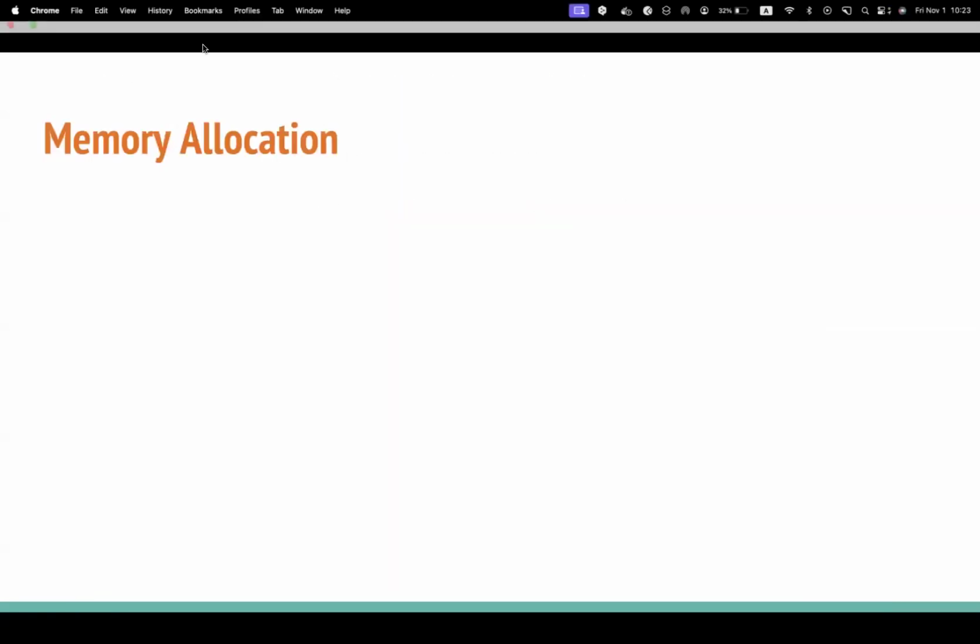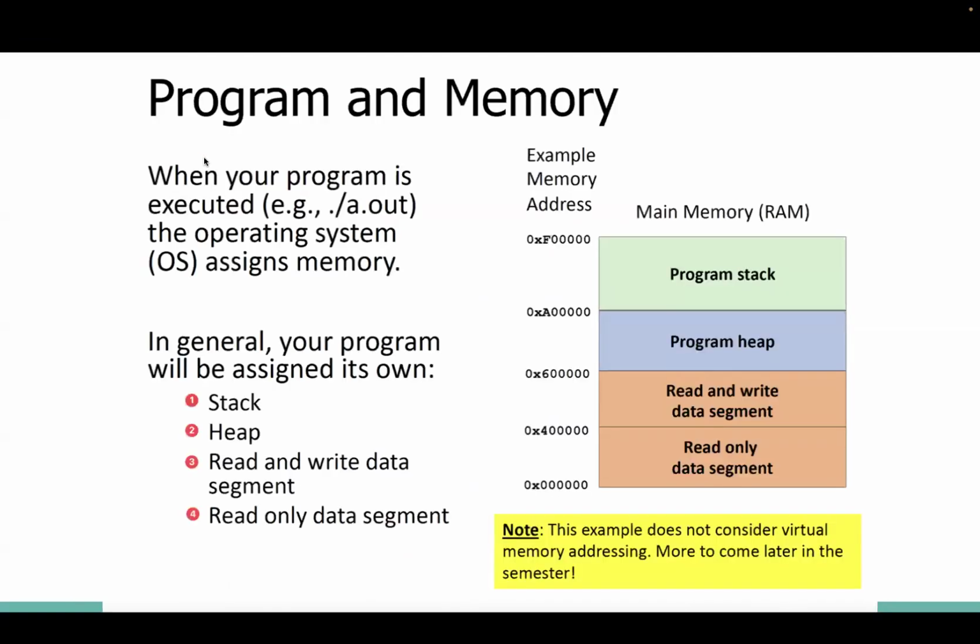So the next topic is memory allocation. In memory allocation, we have different parts, which are the program stack, program heap, read and write data segment, and read-only data segment. The colors of these parts are different, like we mentioned before, because the files go into different places in our RAM.